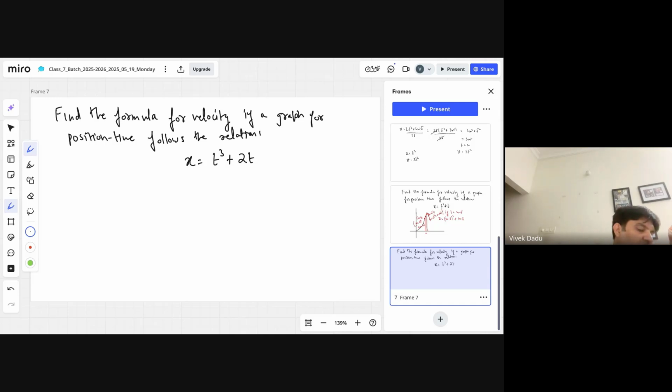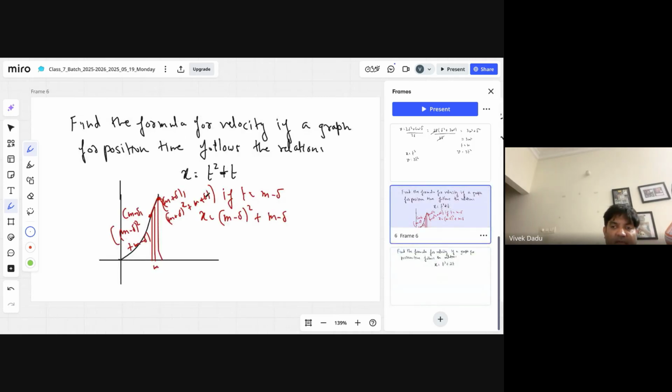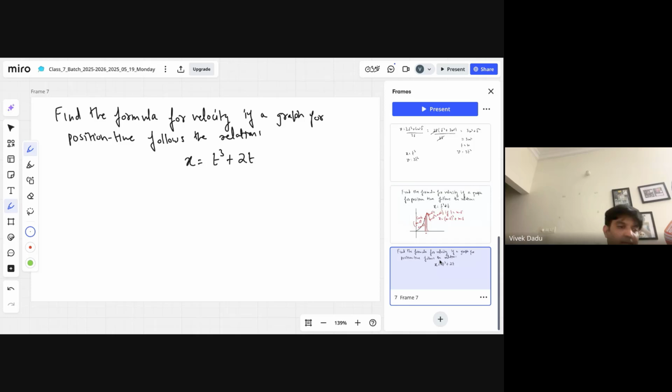No, t has to be replaced with what? In first case, that is when you are finding this value point, M plus delta. In second case, t has to be replaced by M minus delta whole square plus M minus delta.